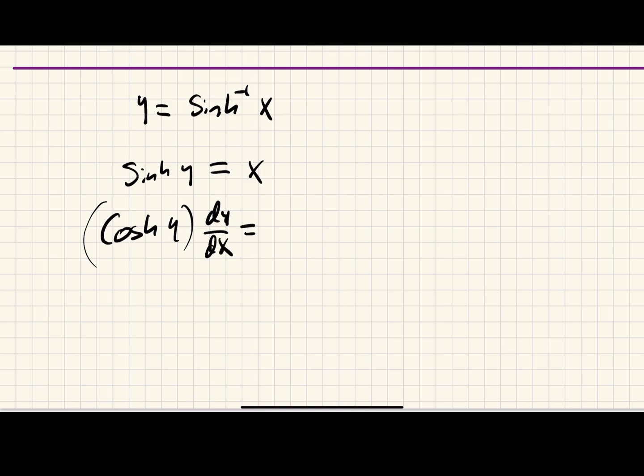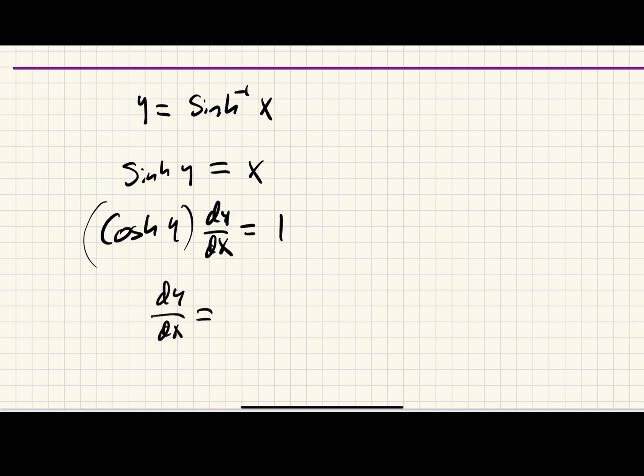Now, the derivative of the right side is just 1, right? To do an implicit differentiation. Okay, now, I want dy dx. So couldn't I just divide both sides by hyperbolic cosine y?